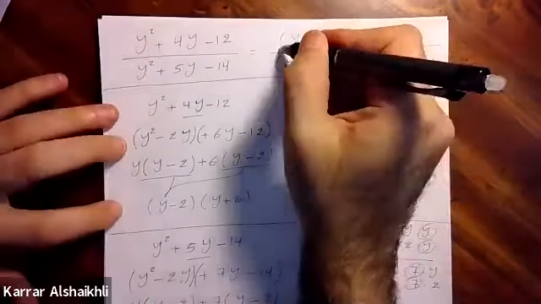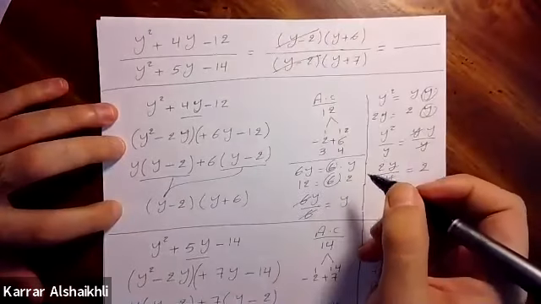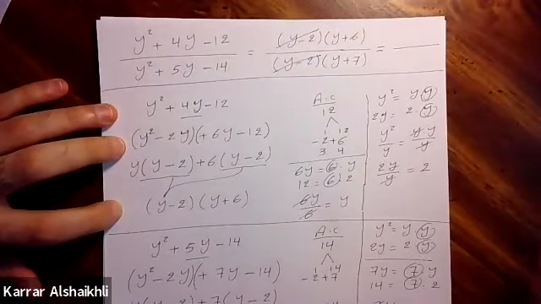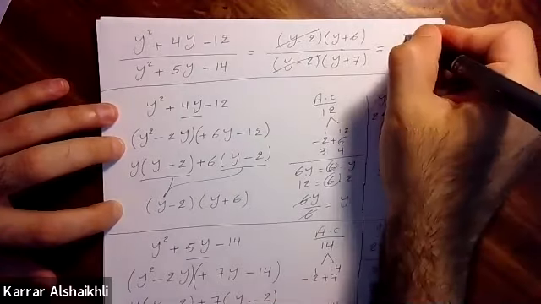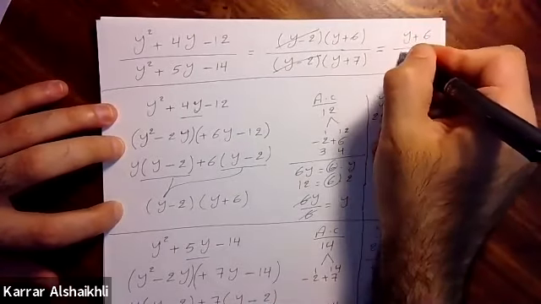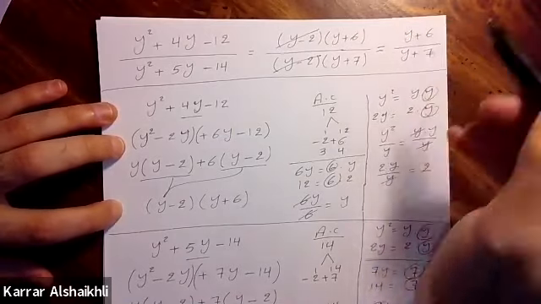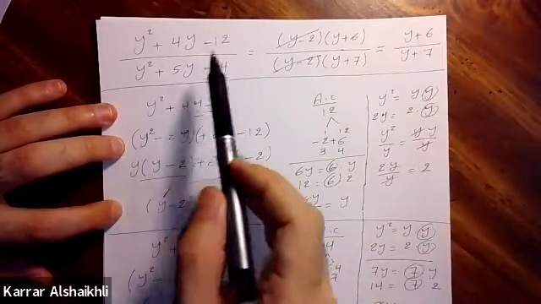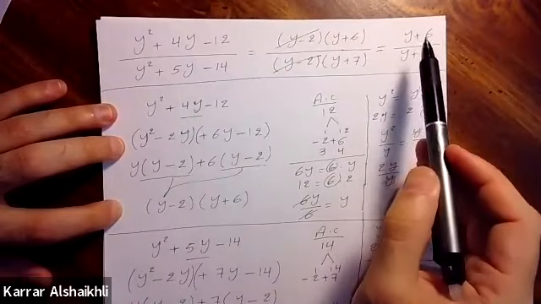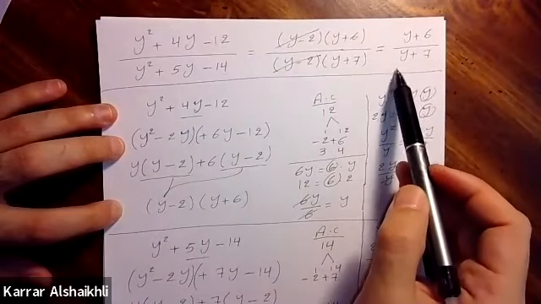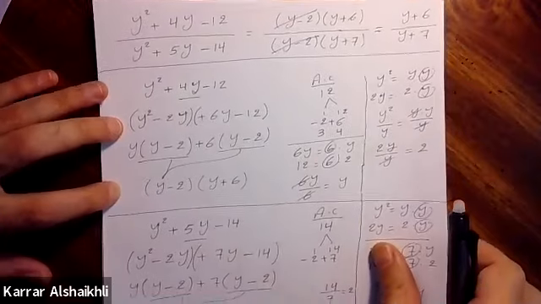If you check, this parentheses is exactly the same thing here. That means the leftover from the top is y plus 6 and y plus 7 on the bottom part. So we simplify this expression to the lowest term, and the result is y plus 6 over y plus 7.